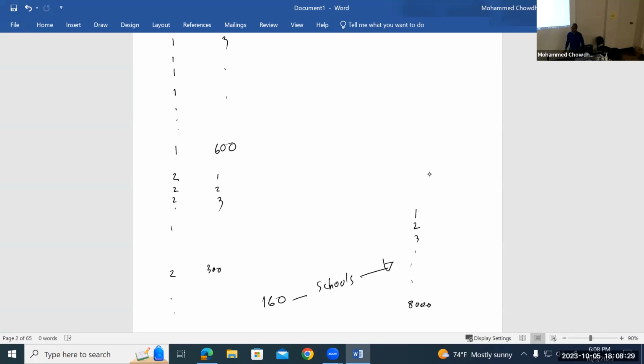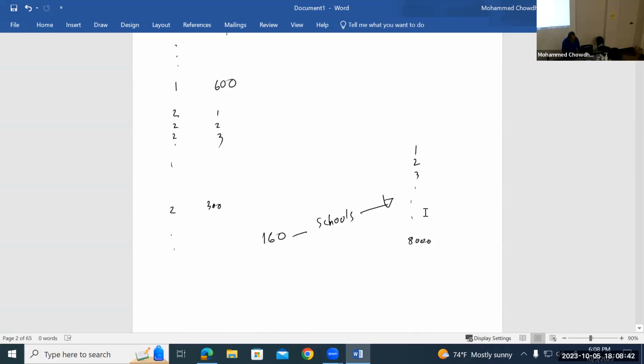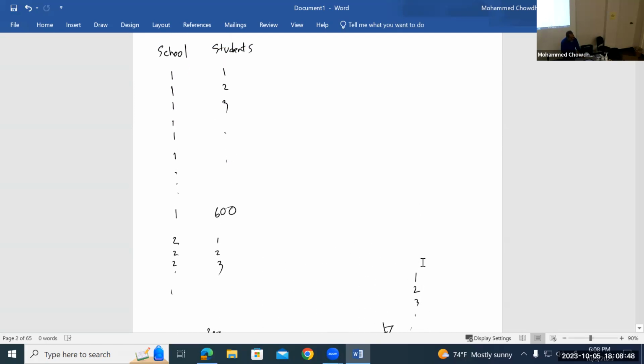Are you understanding? So altogether 8,000 students in that school. If this is the scenario, like 8,000 students altogether, so this is also considered as a longitudinal or panel data in terms of this school. Here the schools are the subjects.